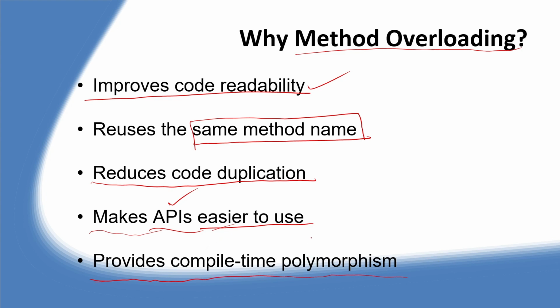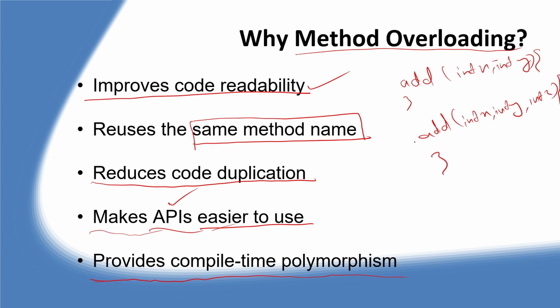In method overloading, we are creating methods. Int x, comma, int y: this is one method. This is another method with three parameters. This is the method definition: methods with the same name but different parameters. Then we are calling the method based on the argument list.